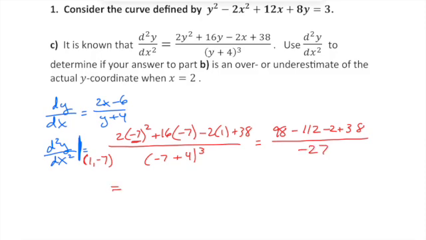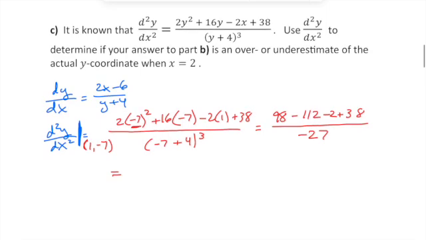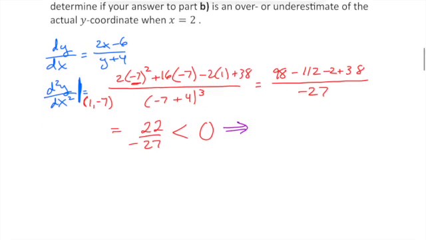When we combine those terms in the top, you can probably see that that's going to be positive, and in fact it's going to be positive 22 over -27, which, the most important thing, is that it is less than 0. You have a negative second derivative, which tells you that your curve is concave down.